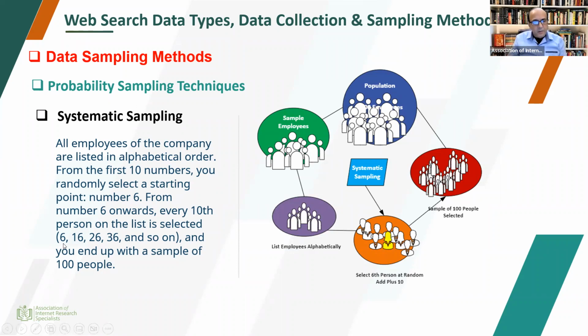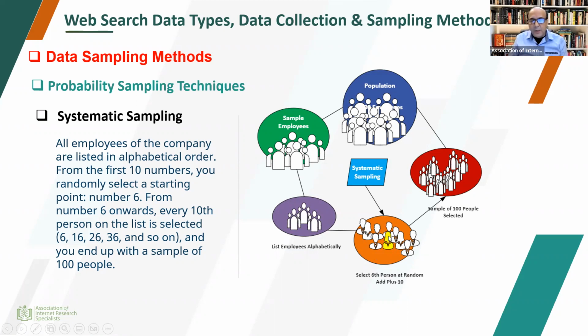So basically it will look like 6, 16, 26, 36. This is just simply listing them as 1, 2, 3, 4, not to make it too complicated. So we were able to select every 10th employee, and the one in the orange color is showing one highlighted yellow colored person as the 10th employee. So this is what the selection would be.